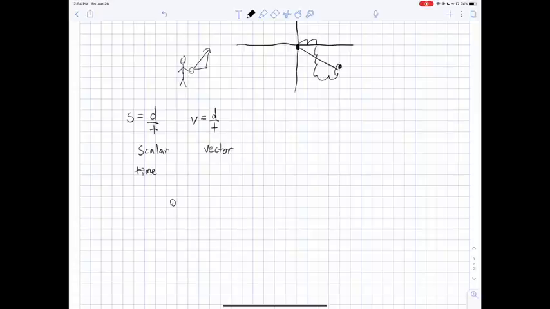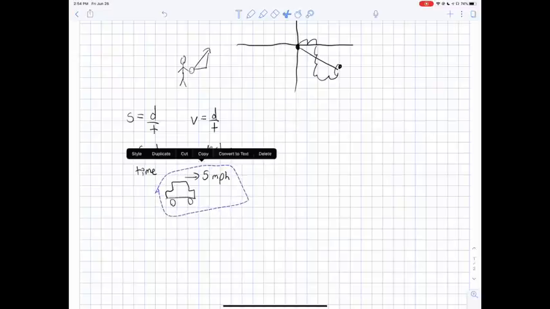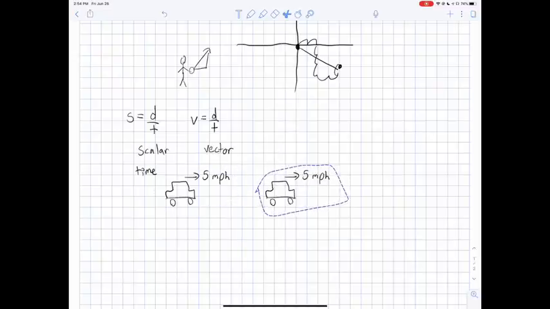If I have a car and I'm driving it, let's say 5 miles per hour, and I ask you, hey, what's my speed? You would say, oh, your speed is 5 miles per hour. If I have that same car, just copy it here, but then instead of going to the right, I'm going to the left.